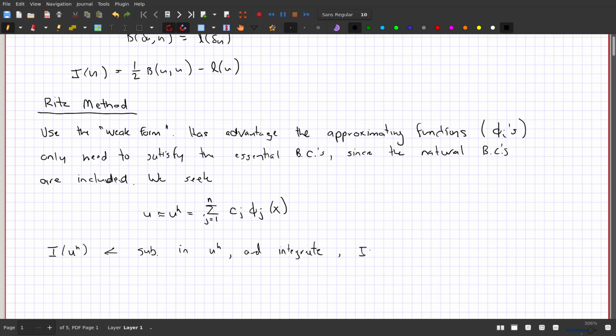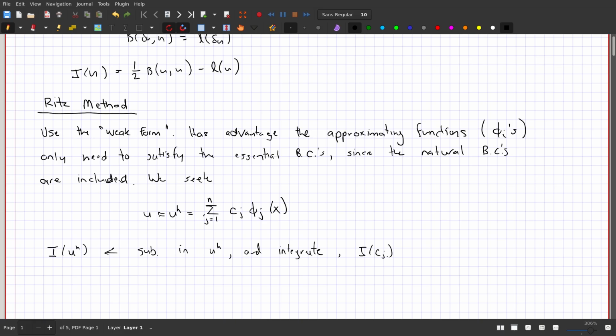And then we're left with, right? The c_j's are just constants. So whenever we substitute this approximating function into the integral, you can move the constants outside the integral. Then you can integrate, and now you just have a function of x.